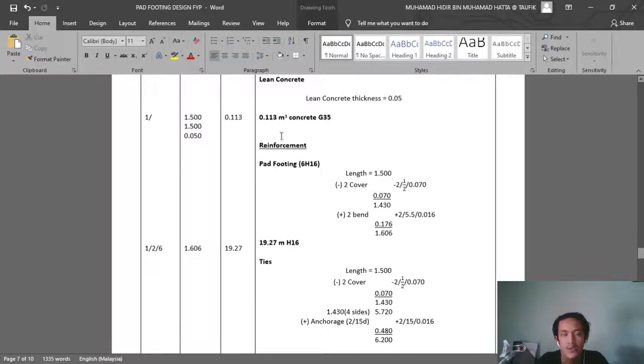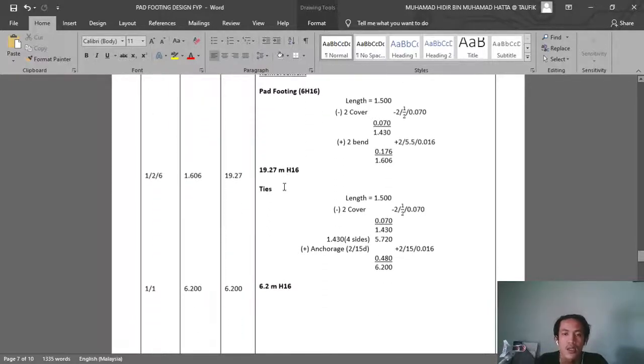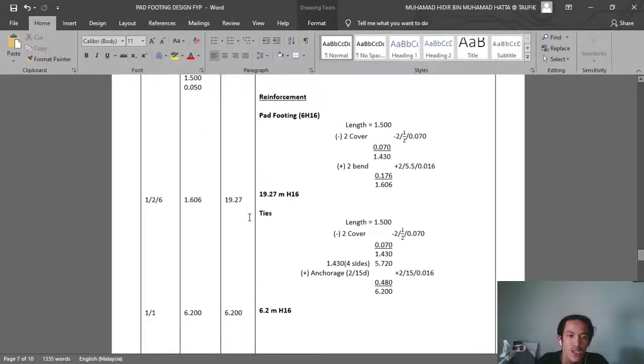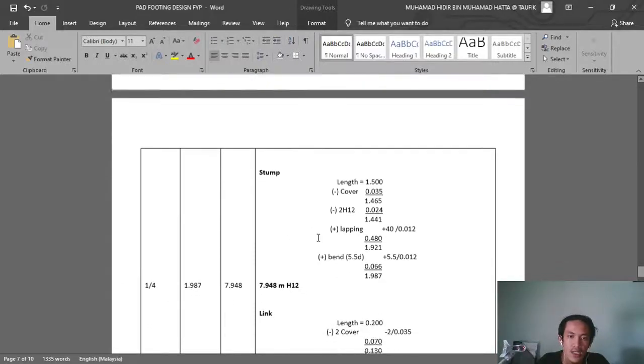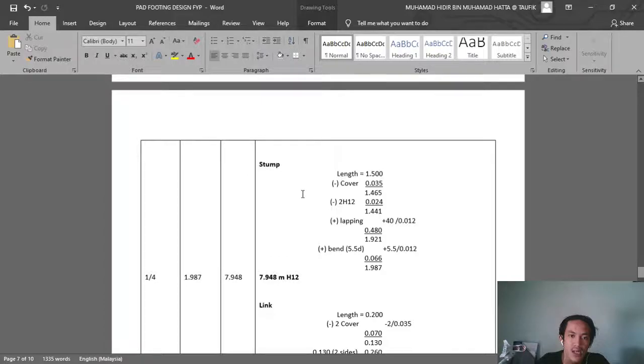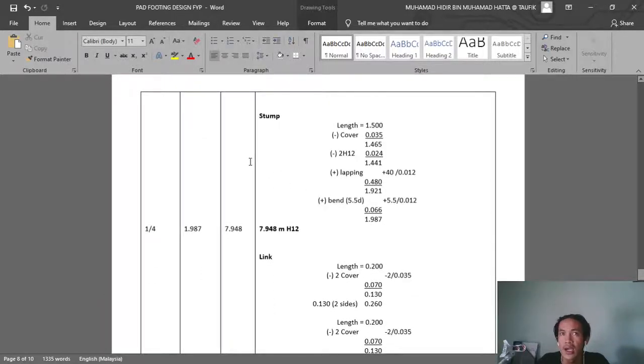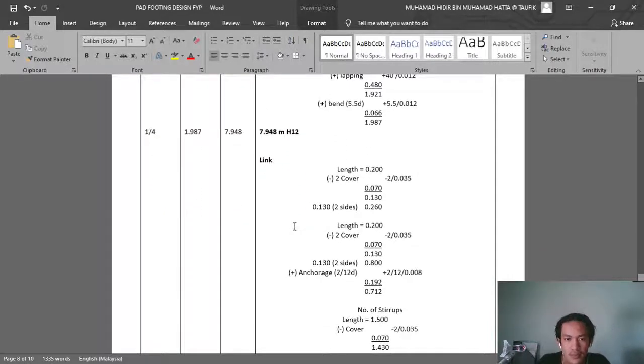Then we proceed to reinforcement. We use reinforcement 6H16. We calculate it in the pad footing and in the ties, and we get this value, and then we calculate the value in the stump. Actually, in our design there is no design for the stump, but I assume that my stump uses this reinforcement.